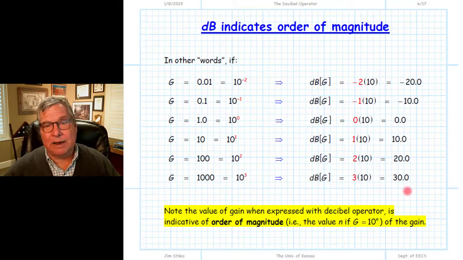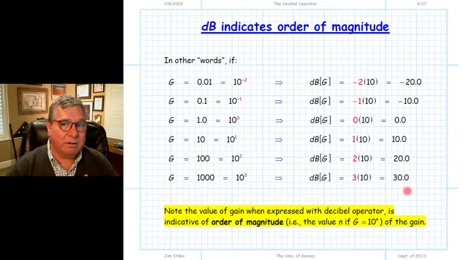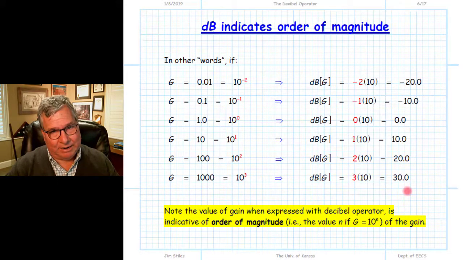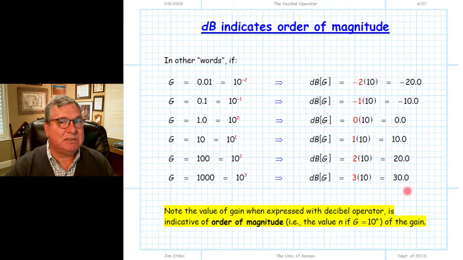For example, a microwave superhet receiver will frequently have a dynamic range where it can receive signals anywhere from 1 milliwatt all the way down to 1 femtowatt. And so we're looking at dynamic ranges of 100 dB or 120 dB, meaning we have a factor of the smallest to the highest of 10 to the 10 or 10 to the 12.